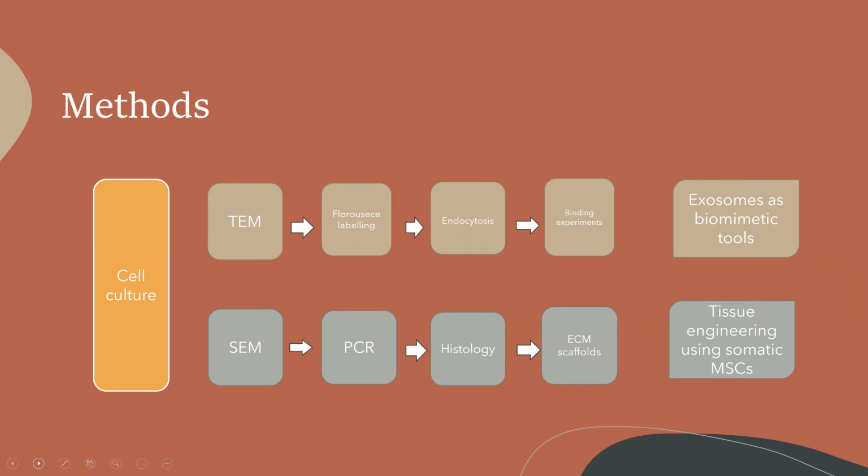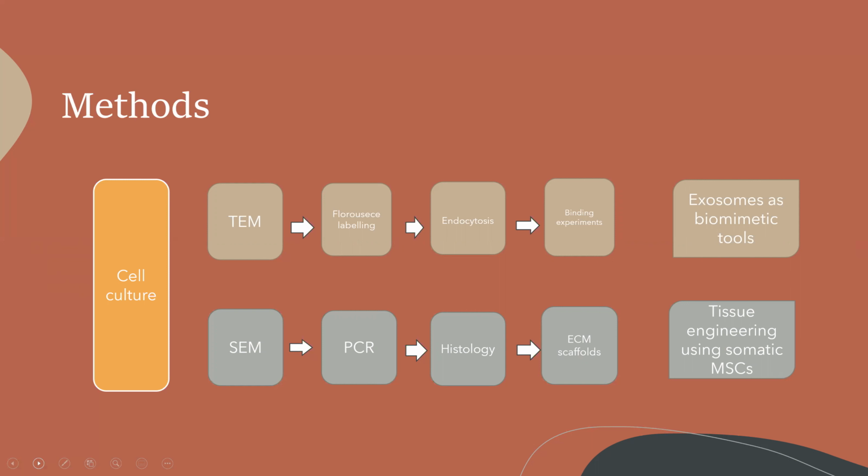So there were various methods carried out during these studies, and specific methods were carried out by both studies to determine the possibilities for dental pulp regeneration, such as a cell culture of HMSCs. Using this study, cells were cultured in minimum essential media. TEM, which is transmission electron microscopy, was used to verify the presence of exosomes in the purified samples, and also to evaluate binding of type 1 collagen.